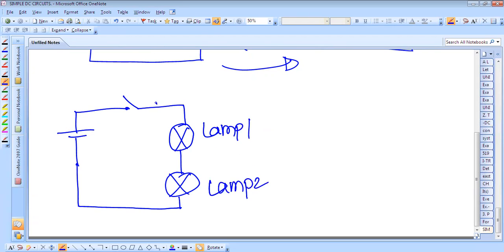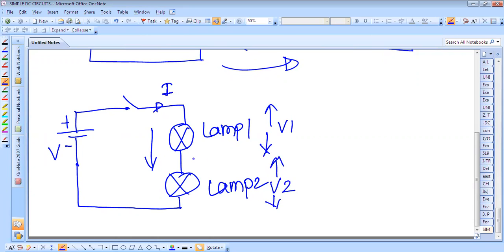Now the same current is flowing through lamp 1 and the same current is flowing through lamp 2. But what is different? The voltage across this is now V1 and the voltage across this is now V2. So the voltage across this circuit is now different.